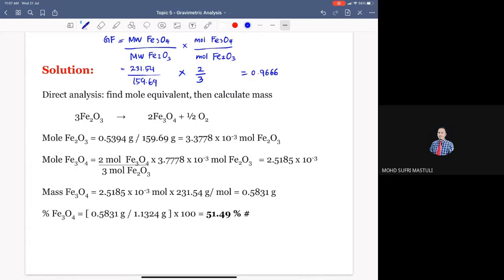We know the gravimetric factor is the mass of analyte over mass of precipitate.